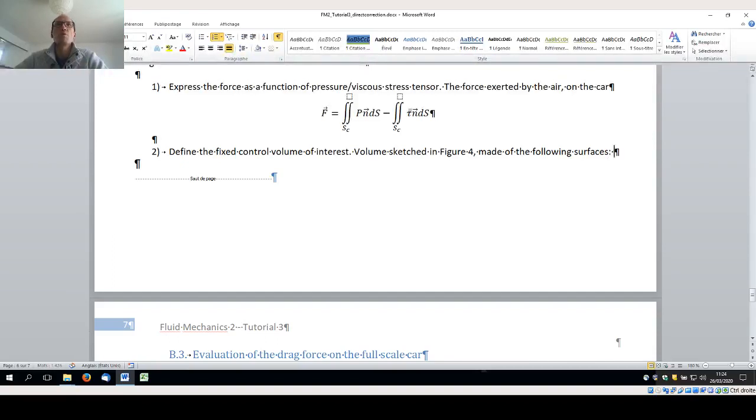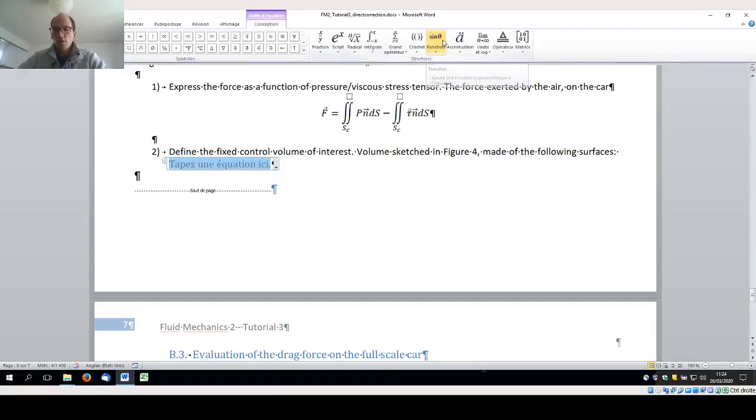We have the inlet section that I called S0, the outlet section which is S1, and what I will call the lateral section, which is the one outside of the testing area.